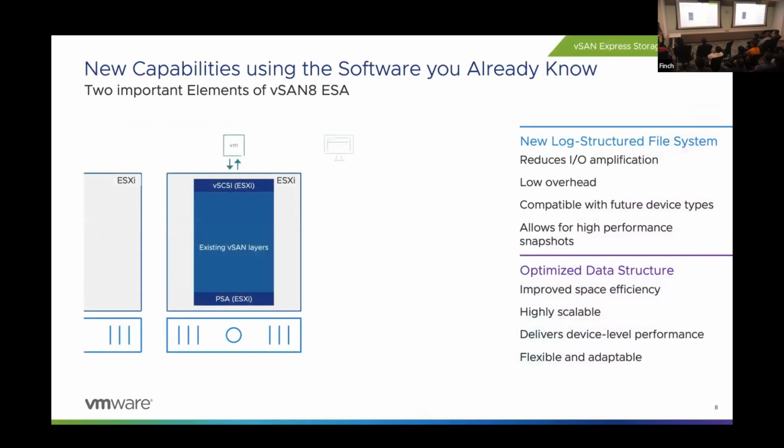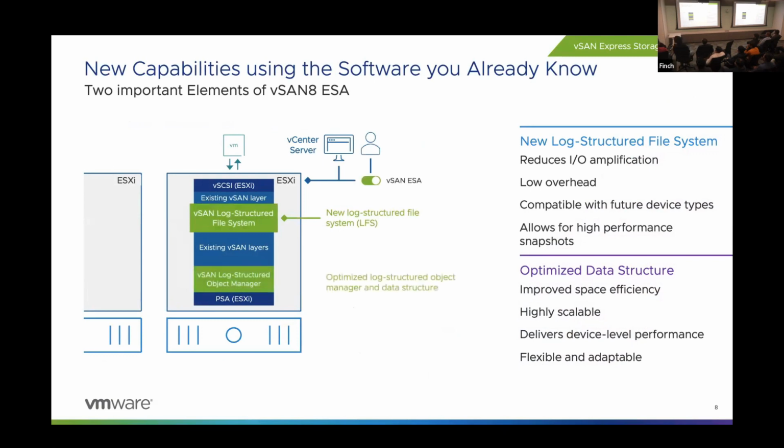Okay, right. So what you see on screen is that in vSAN 8, two major elements were introduced. The first one was a new log structured file system. We call it LFS, vSAN LFS, which is introduced in the upper stack of the vSAN layers. And there is another, which is an improved IO engine.